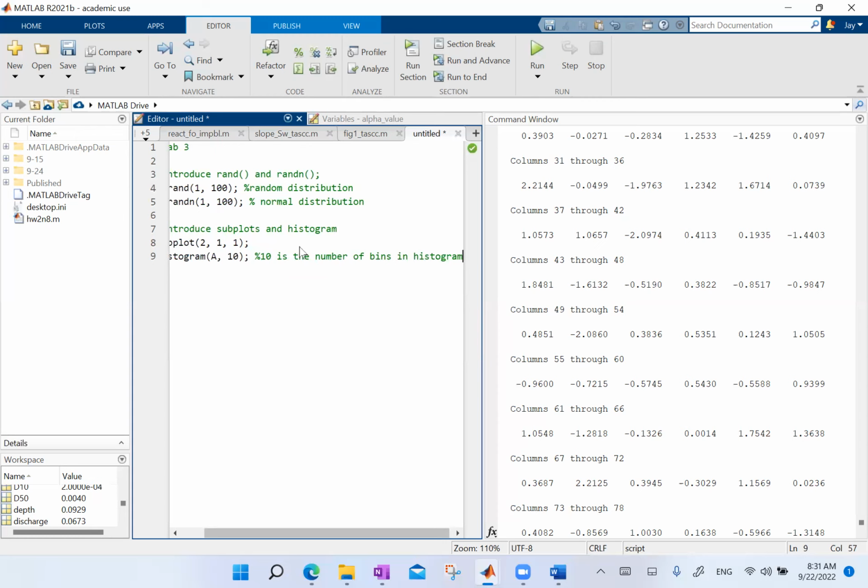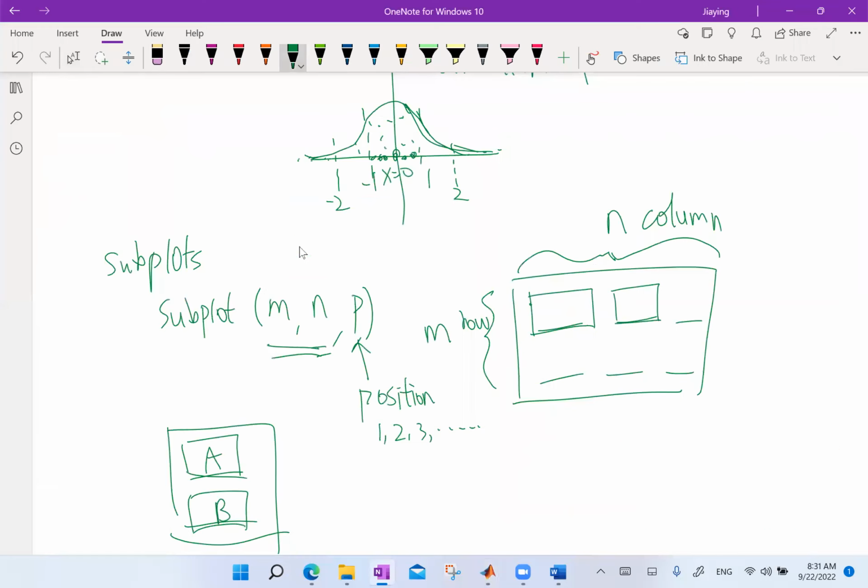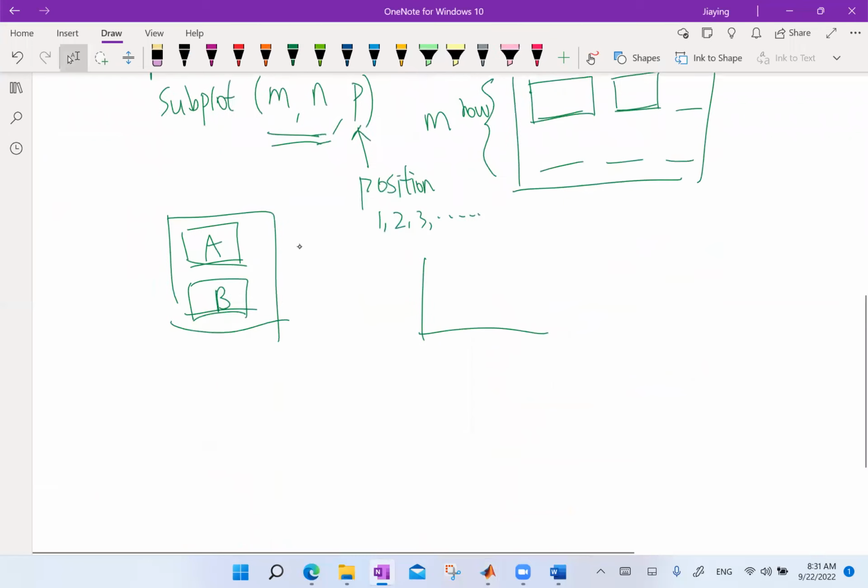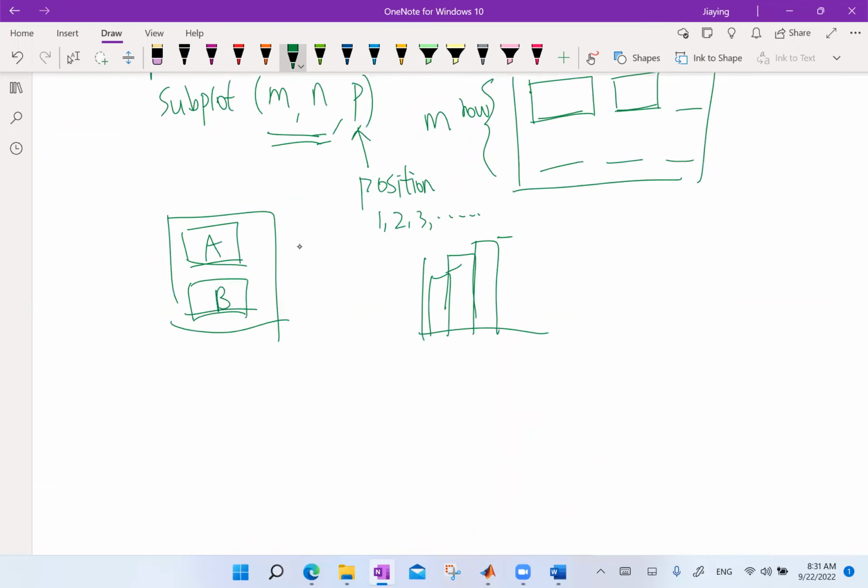If you're familiar with histograms, you can have a histogram that looks like this, right? So we want to know how many bins we're going to have. In this case, we're going to have 10 bins.